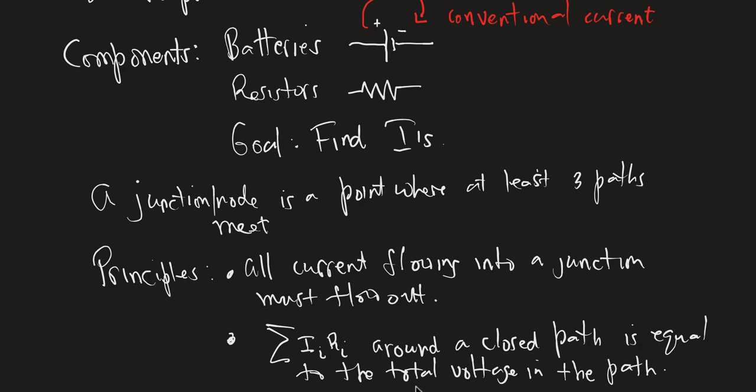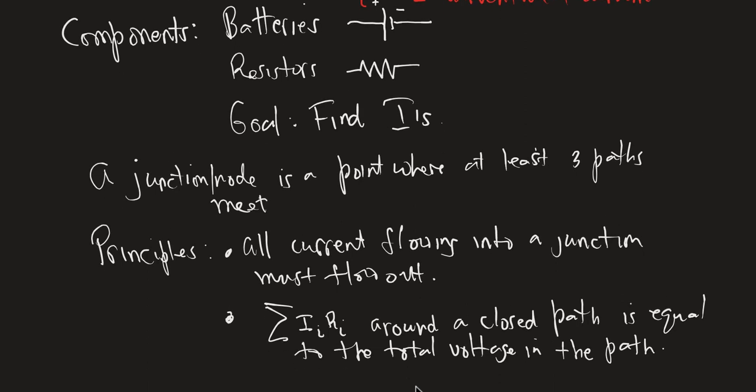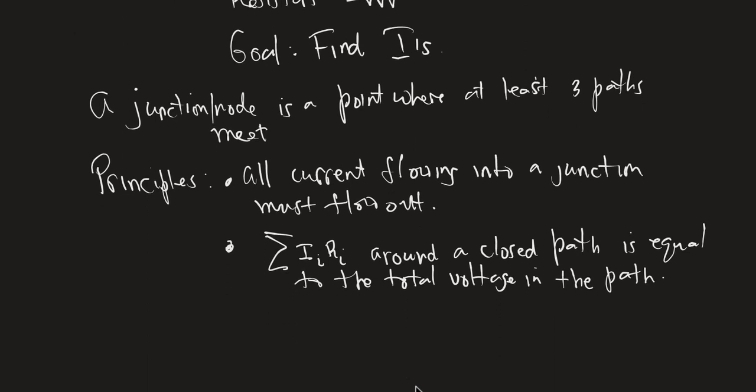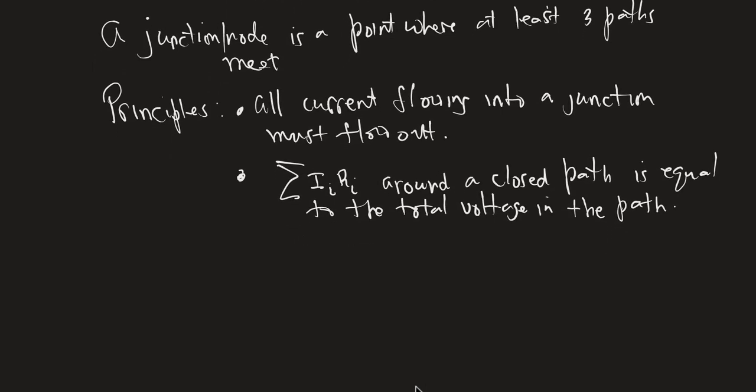And that's all we really need because it's a relatively simple circuit when we just have batteries and resistors, right? And these two will allow us to create our equations. So let's start by setting up a really simple one, right? The goal is to get through two examples here where we can analyze the circuits and then construct the equations.